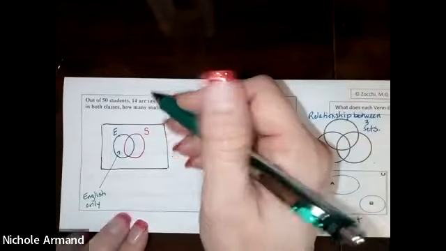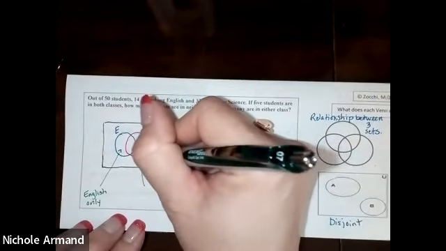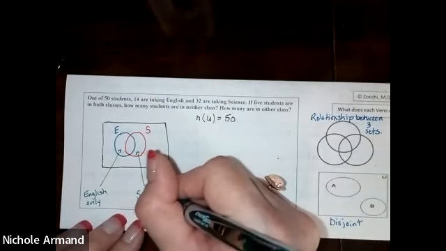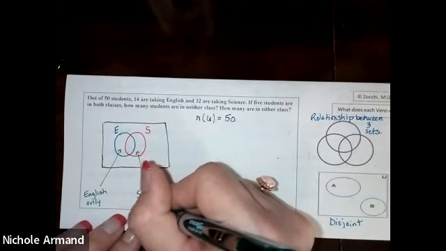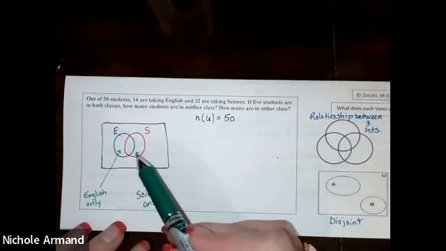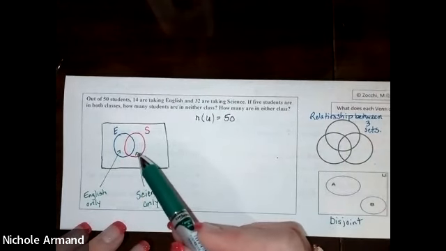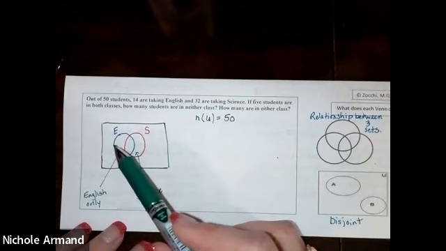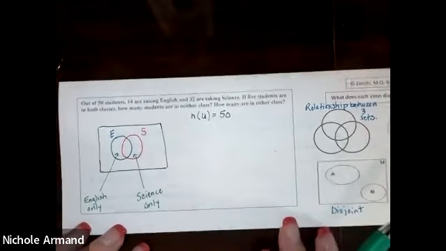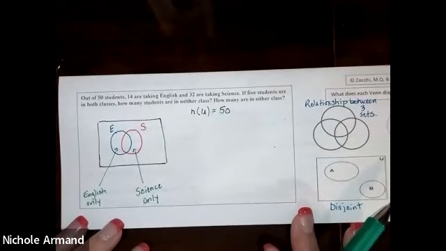Now this area over here is going to represent science only, because it would be in the pink circle or the red circle, but not inside the blue circle. And then we have this third area, the football looking area.